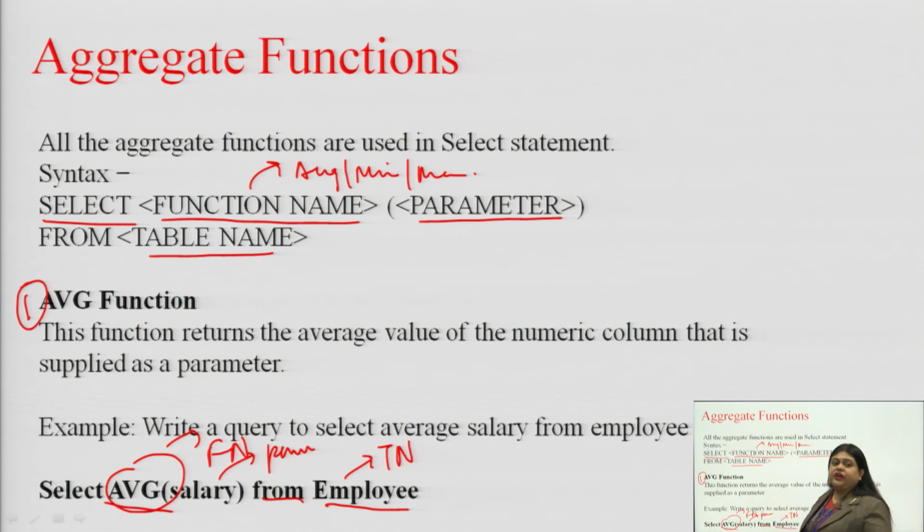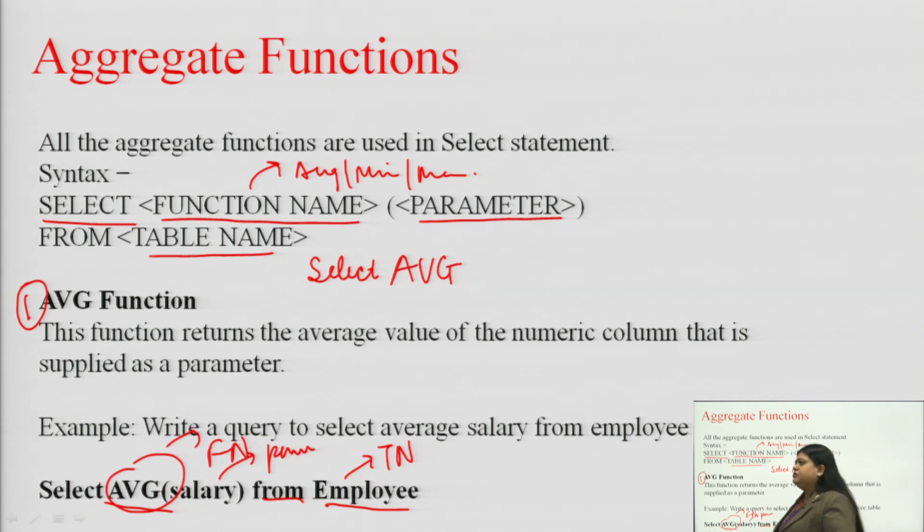So, this is how we implement the average function. Similarly, if we want to find the topper of a class in a particular subject, we can write something like select average, basically result. We can find the average result, we cannot find the topper because for that we require the max function, but we can find the average marks in a particular subject in a particular class.